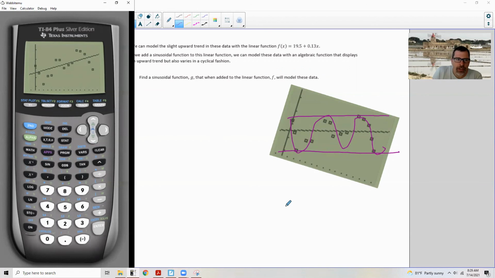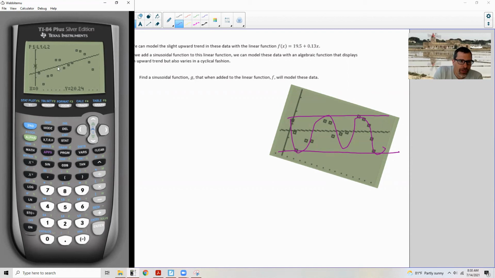So if I go to my calculator and I hit trace, this point right here is 0, 20.2. We knew that from our table, by the way. So our y value when x is 0 was 20.2. My linear function is 19.5 plus 0.13x.